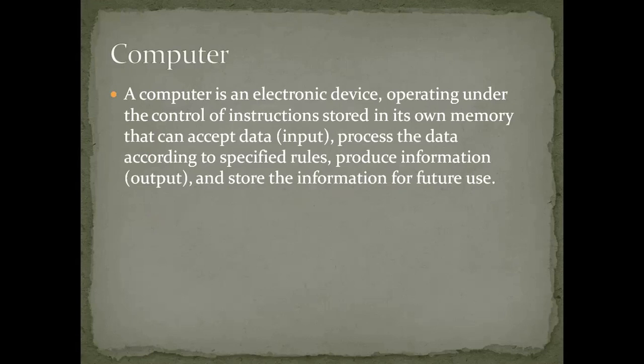The instructions are stored in memory. First, it accepts the input from the input unit, then processes the data based on the instructions, and finally produces the output through output devices. We can also store the information in memory for future purposes.